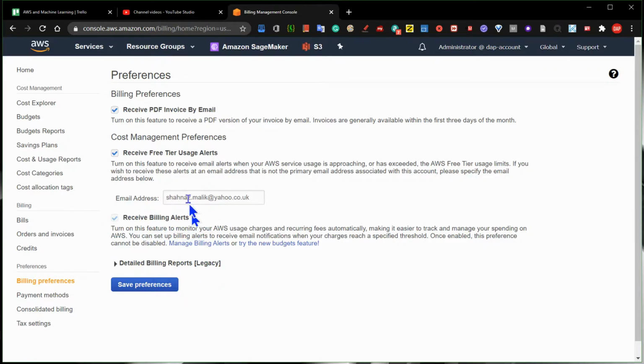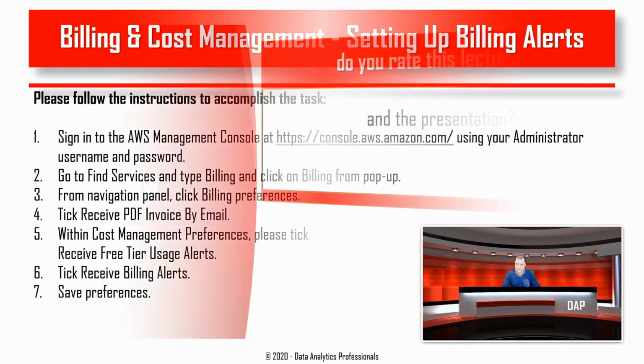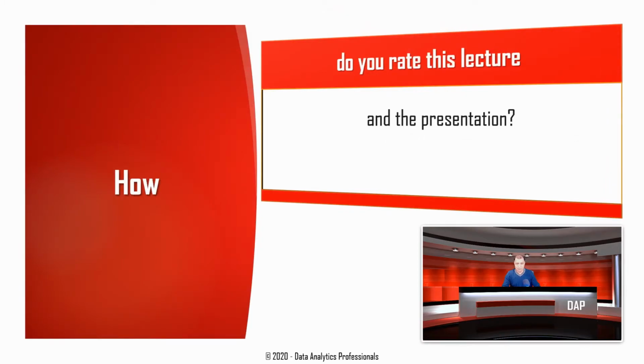Once you have checked whatever is your choice, I suggest to save the preferences. So you see, preferences saved, and that's it basically. This is very simple. We have ticked everything and then saved the preferences.